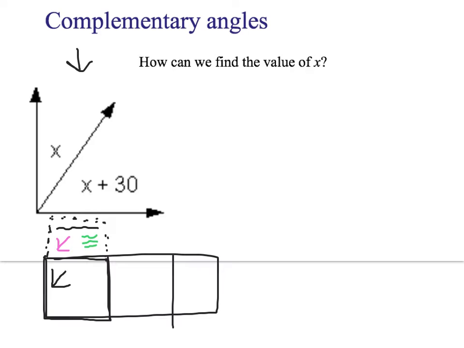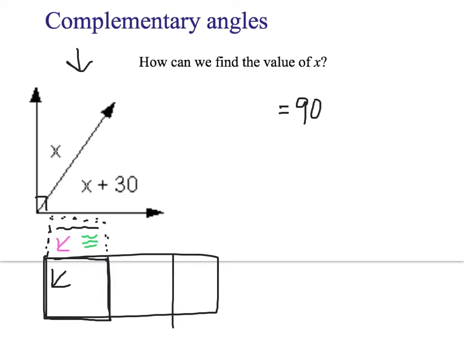Now I want to figure out the value of X. When we're looking for this variable, this missing angle or missing X, I can use an equation to solve. I have a total of 90 degrees. That's what complementary means, and that's what this right angle is. So I know that both of these angles, when I put them together, have to equal 90.